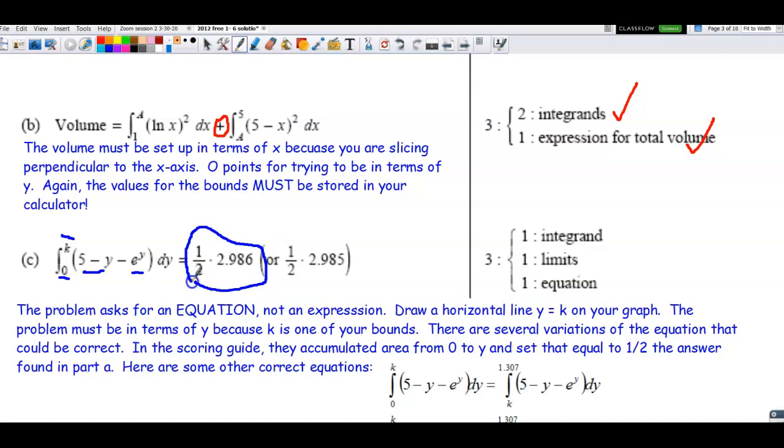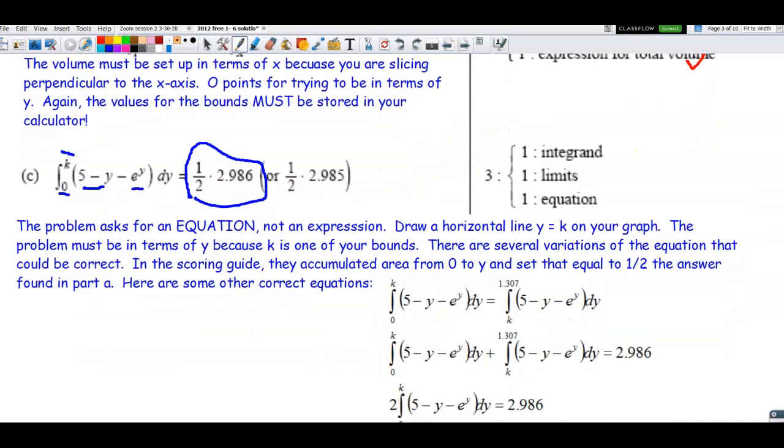All right, so that's one way to do the work: take the answer from above and take half of that, since the area from 0 to k, the area of one of those regions, is half of the area that I found in part A.